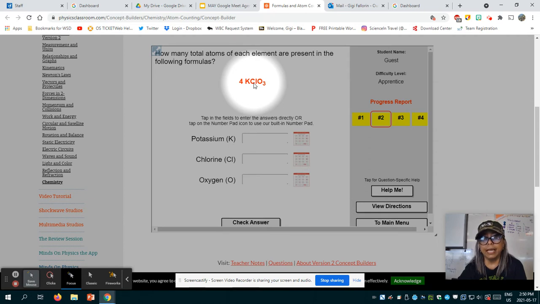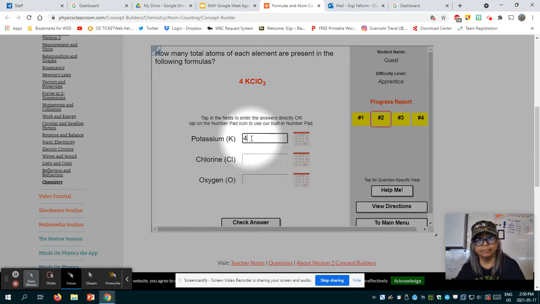So how many would be the number of atoms? So we said earlier that the coefficient is good for each of these elements. So that would be 4, right? For K. How about Cl? You see a 1 there, but then there's a 4 outside. So 4 times 1 is a 4.